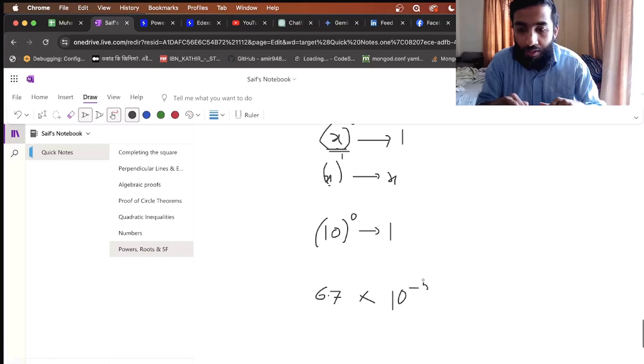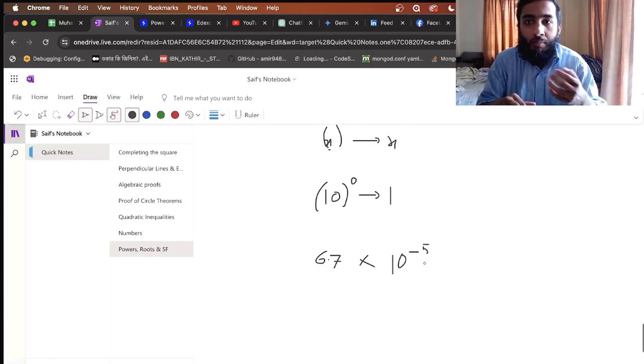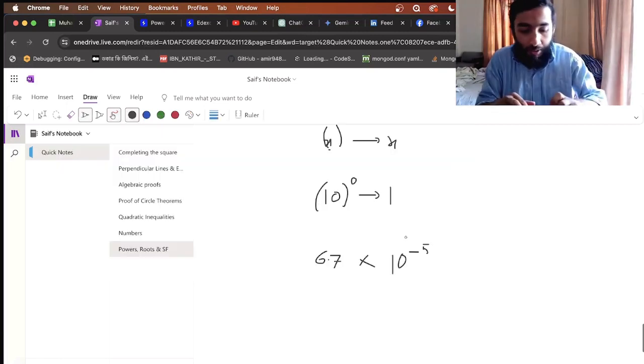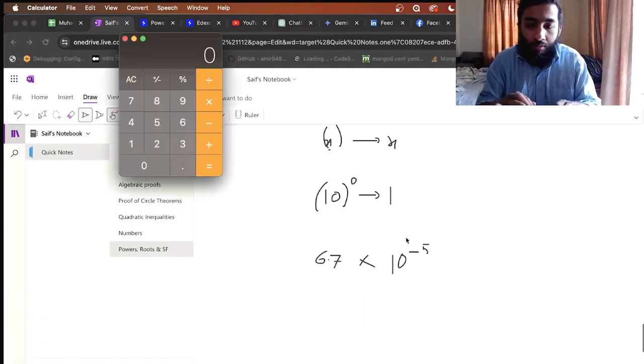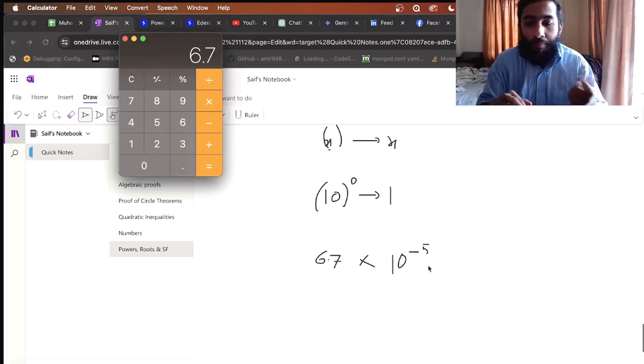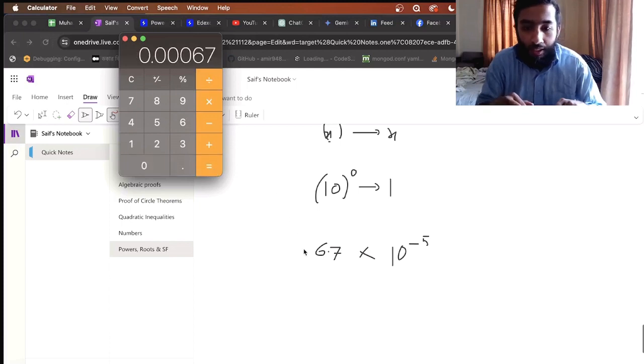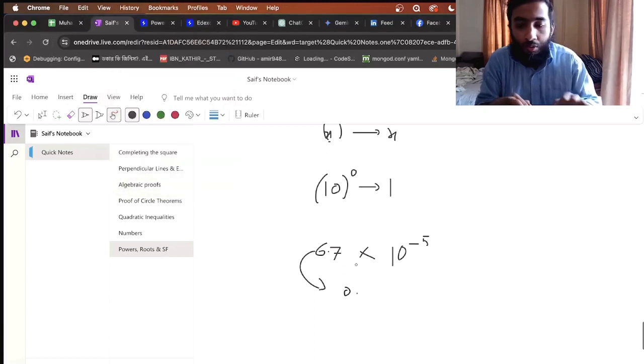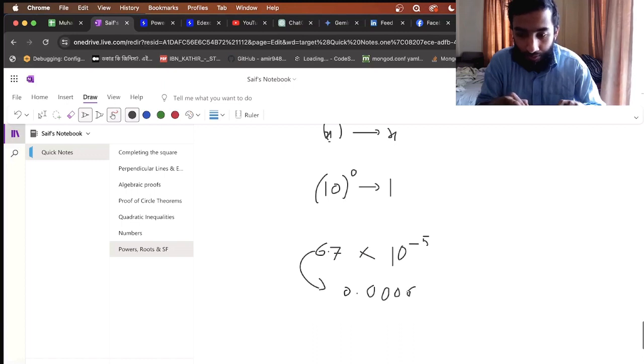If you do some research, an ordinary number can be represented as any number in its original form. For example, if I use my calculator, 6.7 into 10 to the power minus 5 means 6.7 divided by 10,000. If I divide it by 10,000, I get 0.00067.